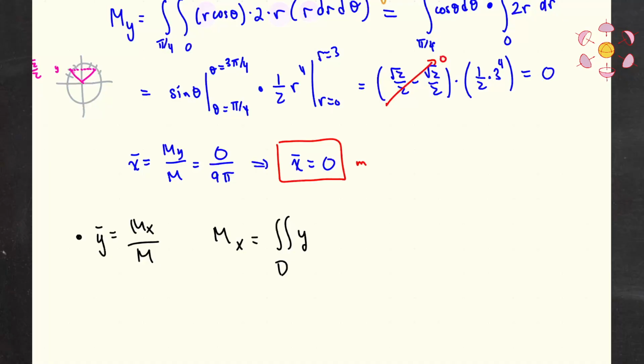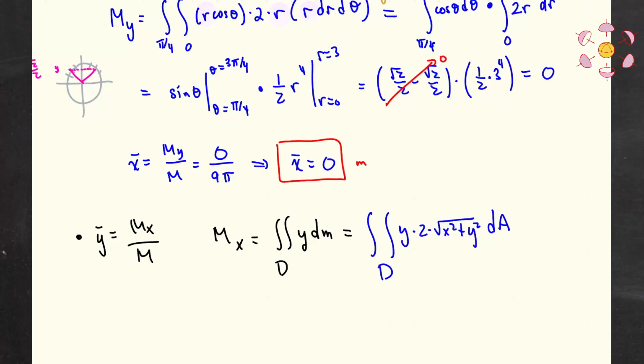And then, of course, we've got a little tiny chunk of mass, dm. Okay, let's set this up. We've got y times the density, here's our density, times dA.